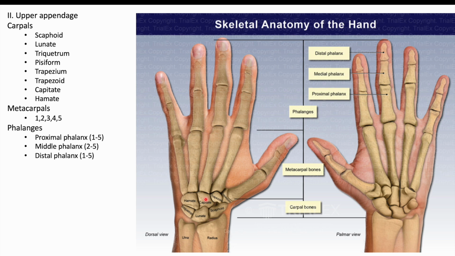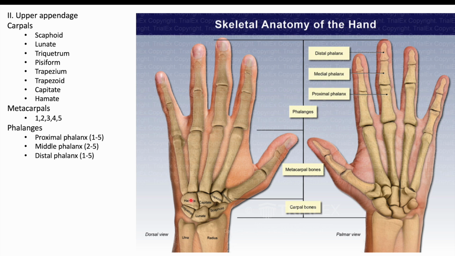And then you have the capitate right here, which is actually the largest of all the carpal bones. And finally, you have the hamate bone, which is commonly fractured as well. You see fracturing in this bone in golfers and baseball players, and sometimes if it's too much of a fracture, people can choose to actually have this bone removed. So that's the hamate.